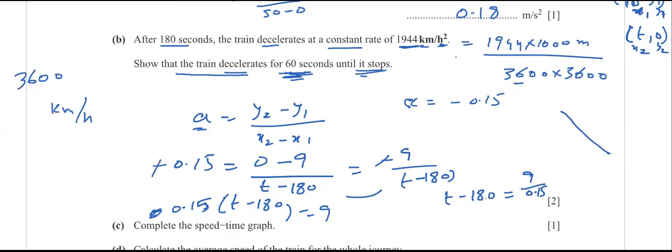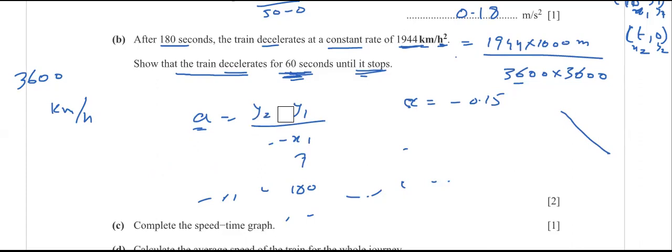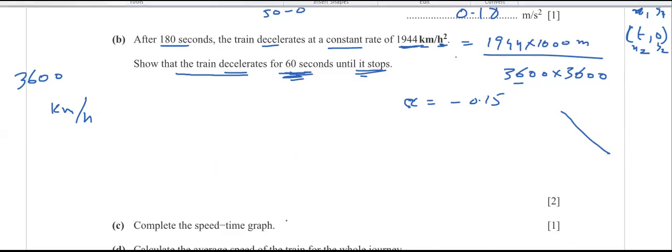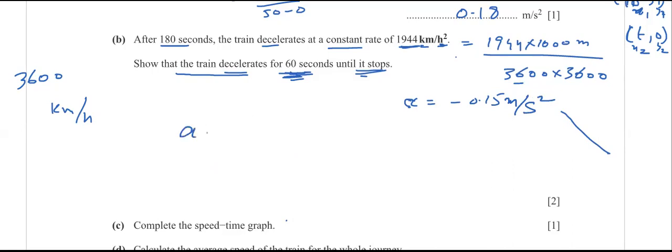Instead of getting it complicated in that way, we can do another thing to make it easier. We found that the acceleration is 0.15 meter per second square. We know that acceleration is the rate of change of velocity or speed with respect to time.